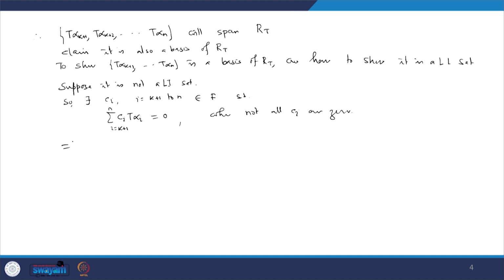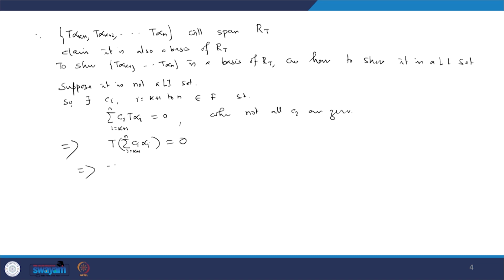So, this implies T of sigma c_i alpha_i equal to 0. This is because from the definition of T, we have it like this, with i equal to k plus 1 to n.